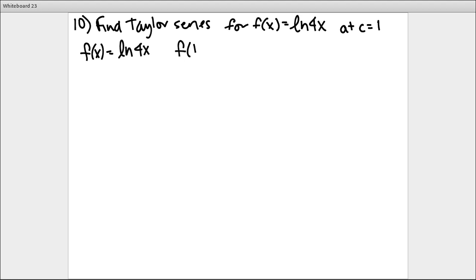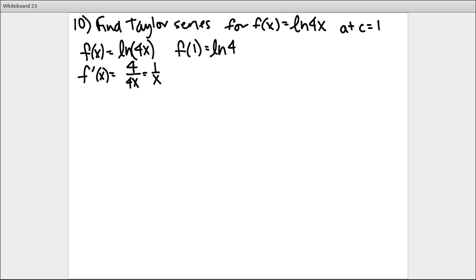You start going, all right, what's f of x? Well, f of x is just the natural log of 4x. So what's f at 1? Because you evaluate it there. Well, that would be the natural log of 4. Then you find the first derivative. And the derivative of natural log of 4x would be a 1 over 4x, but then chain rule says times 4, right?